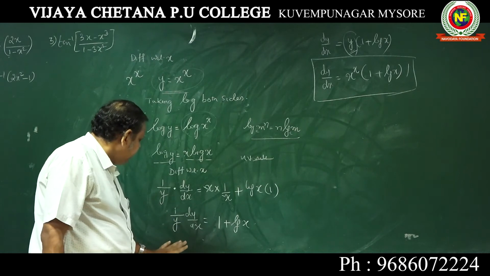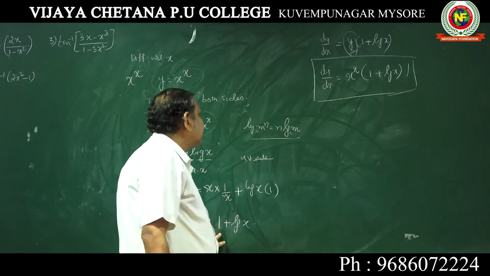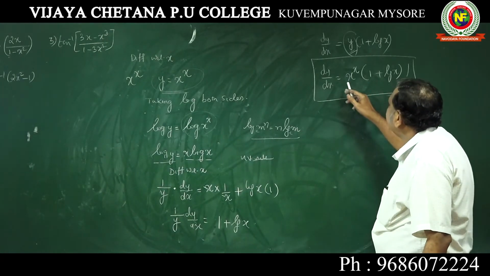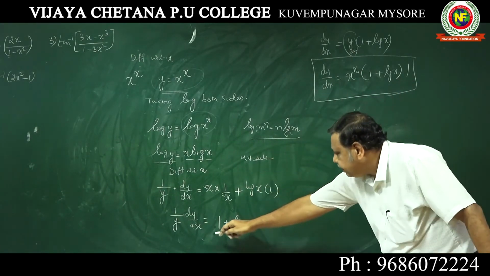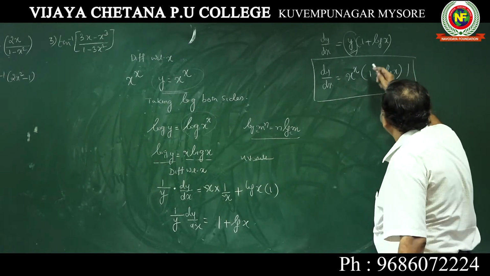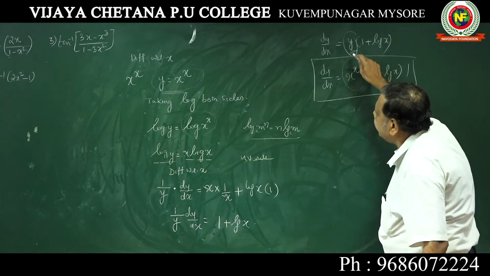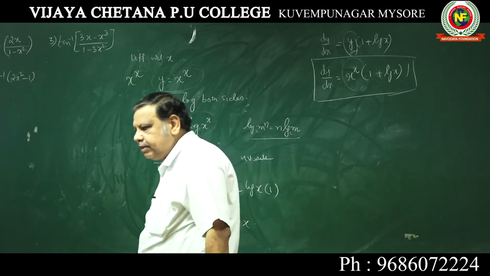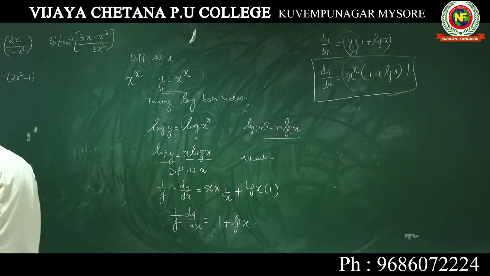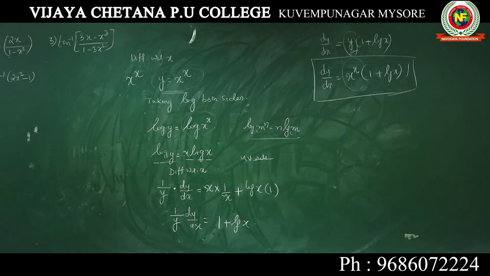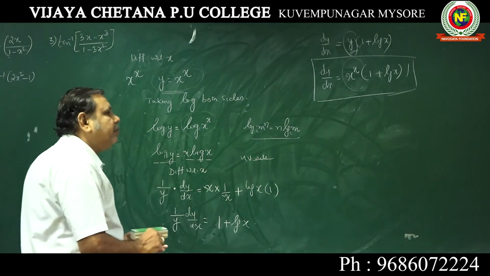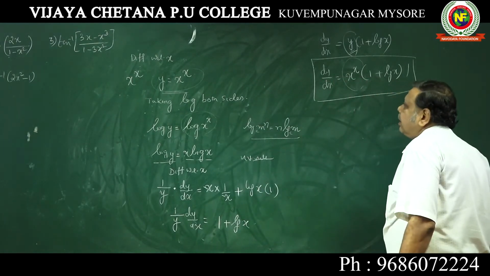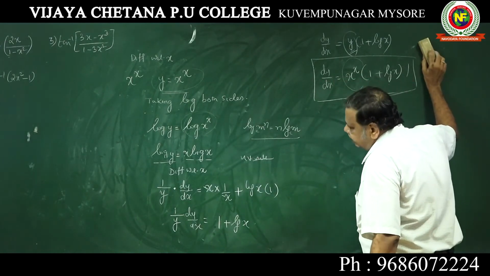Now 1 by y dy by dx is equal to 1 plus log x, and dy by dx is equal to, cross multiply, y into 1 plus log x, but replace y as x to the power of x. The final answer will be dy by dx is equal to x to the power of x into 1 plus log x. A very, very important one I am telling you. You should not miss out. 3 marks will be asked for this. We will take one more problem.